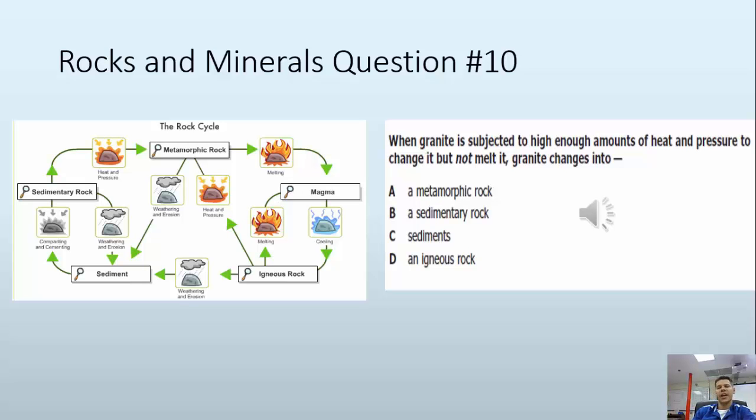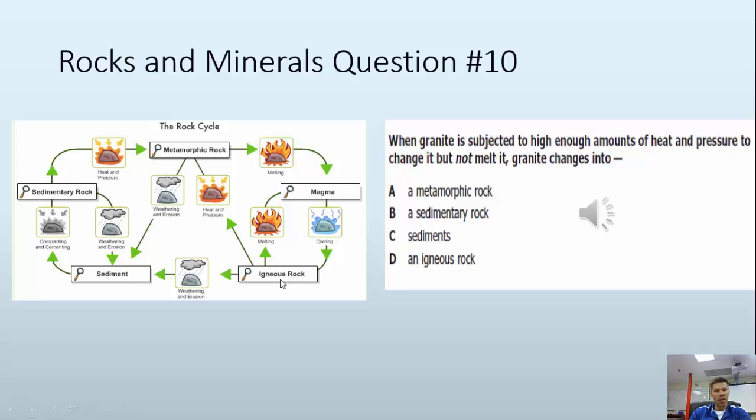When granite is subjected to high enough amounts of heat and pressure to change it but not melt it, granite changes into a metamorphic rock. You just need to remember, when you see those key words, heat and pressure, we're usually talking about the formation of a metamorphic rock.